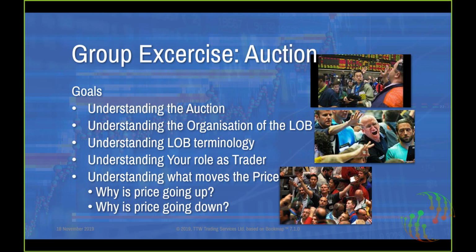It's absolutely fun, and from my point of view not only fun, it expands your knowledge tremendously. We will do the auction, understanding the organization of the limit order book, the limit order book terminology, understanding your role as a trader, understanding what moves the price, why the price is going up and why the price is going down.